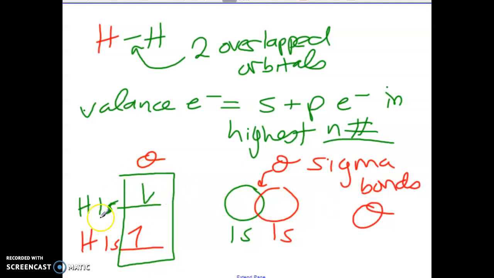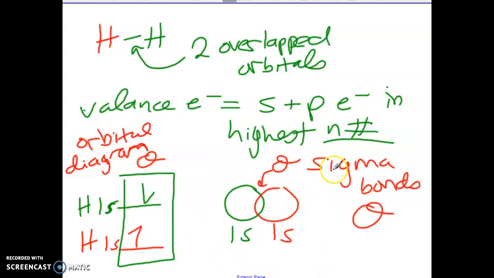So this diagram here that we're showing with the actual lines and half arrows is called an orbital diagram. Whenever you're asked to draw an orbital diagram, it means you're going to have the orbitals, of course everything properly labeled, and we draw this rectangle to indicate where the overlapping is happening.